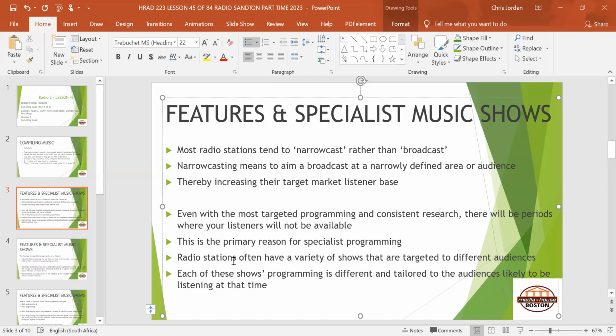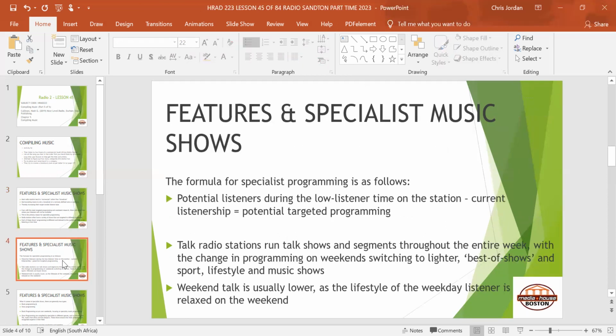Each of these shows' programming is different and tailored to the audience's likely behavior at that particular time. All right, so the formula for specialist programming is as follows. The potential listeners during the low listener time on the station minus the current listenership is equal to the potential targeted programming, right?